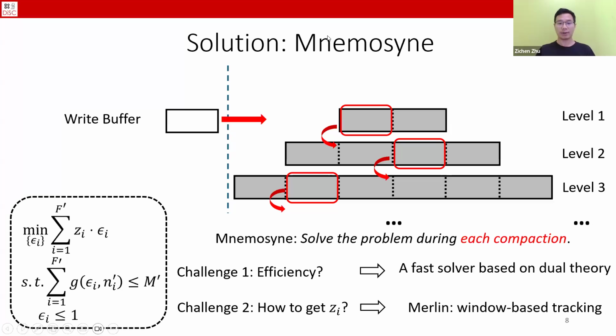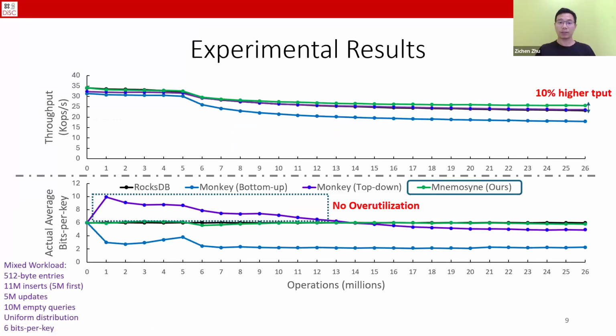Now let's look at our experiments. The first experiment compares our method, Mnemosyne, with 3 baselines, 2 versions of Monkey and RocksDB. We will use a mixed workload that has 26 million operations, which is mixed by inserts, updates, and empty queries.